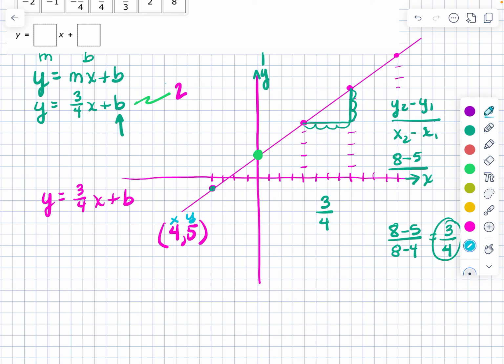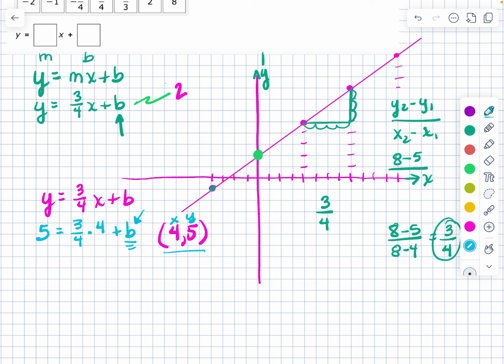So I'm going to substitute in 5 equals, I keep my 3/4 there, and my x is going to be 4. And we're looking for the b. I can plug this in because I know it's valid, and that leaves me only one thing to solve.